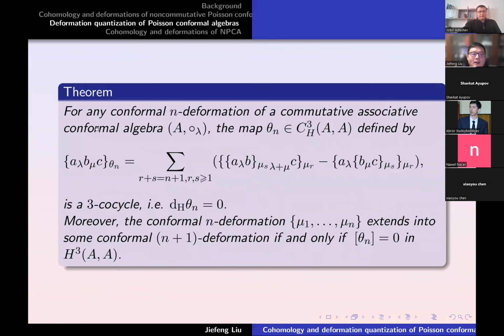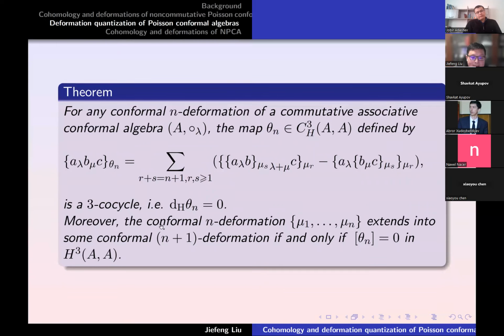For any conformal N deformation of our commutative associative conformal algebra A, the map theta_n in this space, a three-cochain determined by this formula, is a three-cocycle.